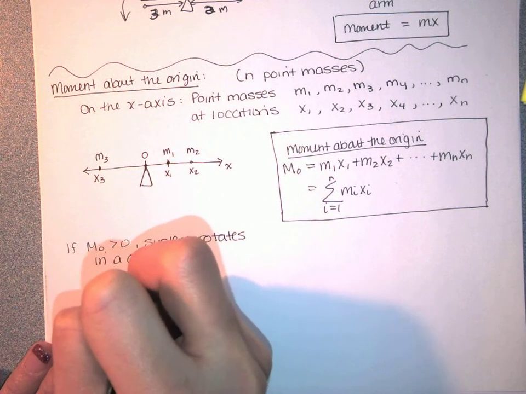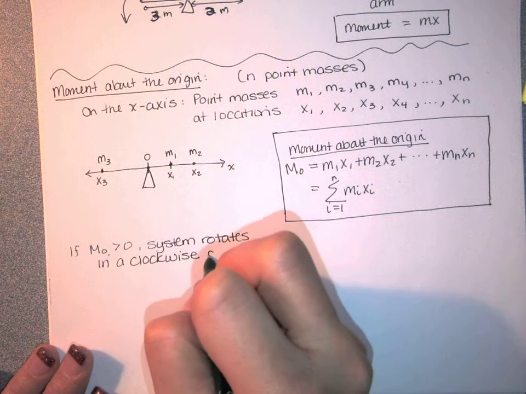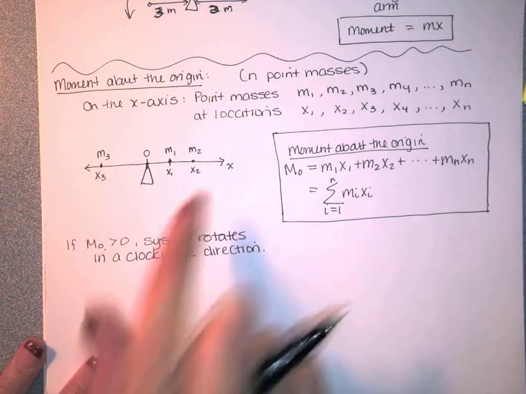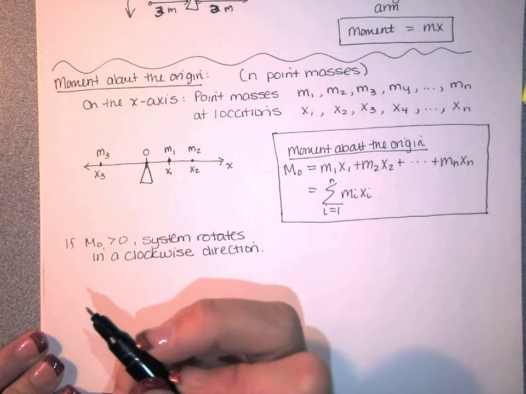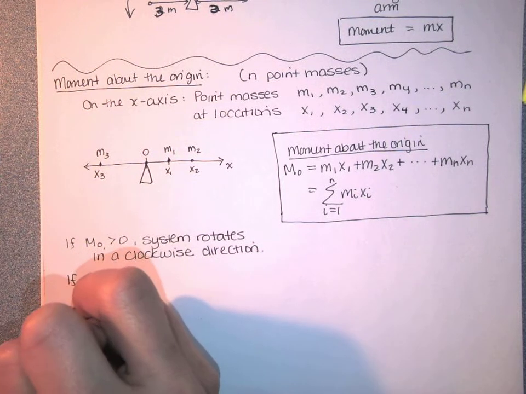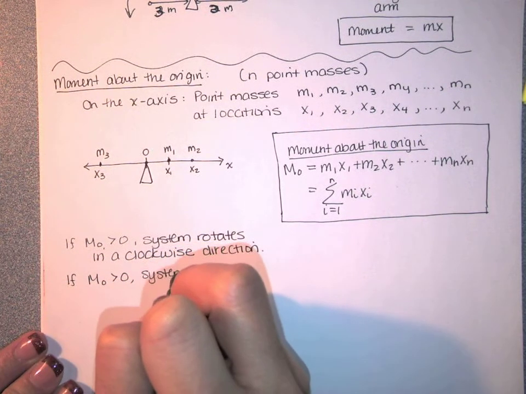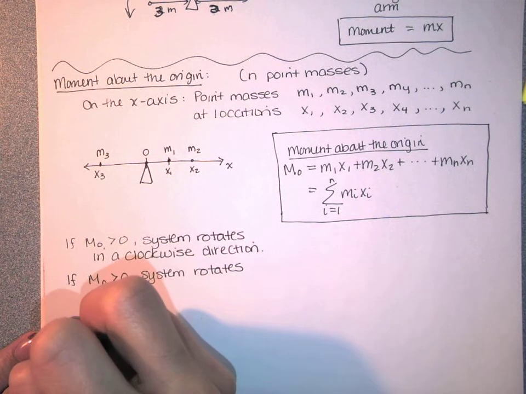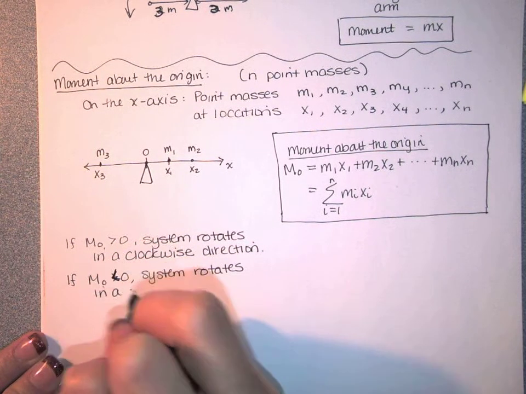I know that is backwards from what you're used to in physics, and I'm so sorry that we're doing it differently, but we are because we're leaving our positive x-axis oriented that way. Now if the moment about the origin is negative, the system is going to rotate in a counterclockwise direction. Oops, I wrote positive, but I meant negative.